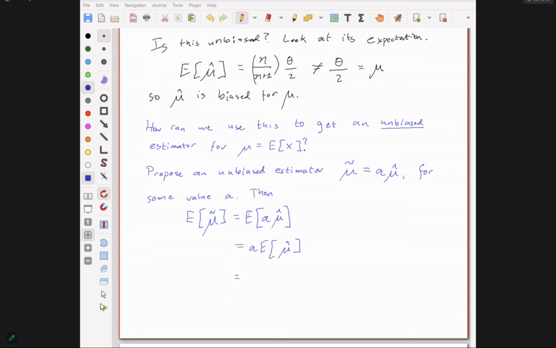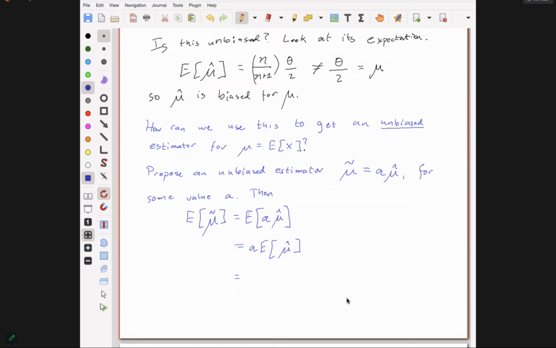Mu. No, the whole purpose of this is that the expectation of mu hat is not mu, because if it was, then we would already have an unbiased estimator.